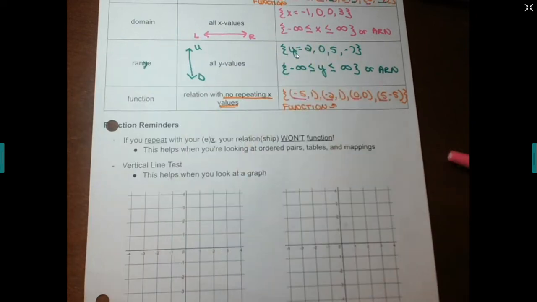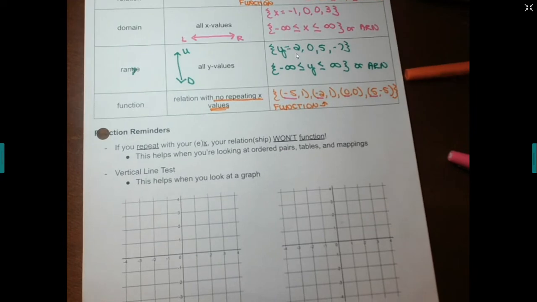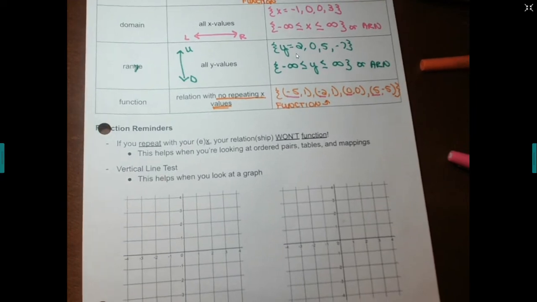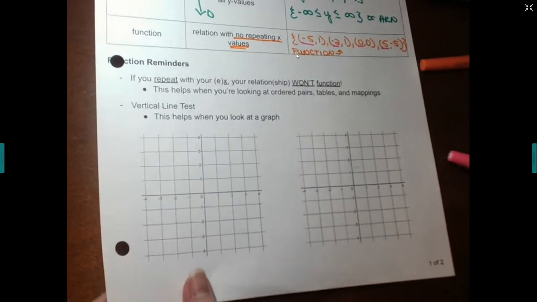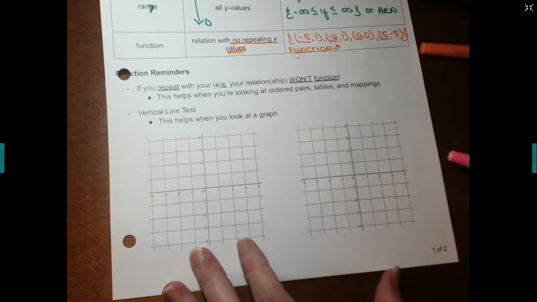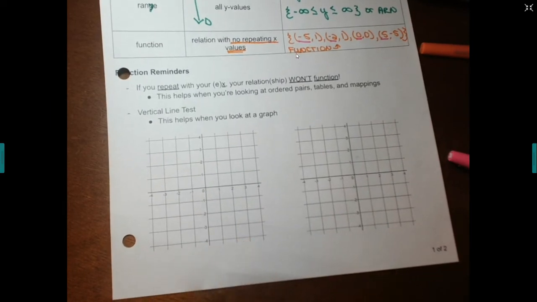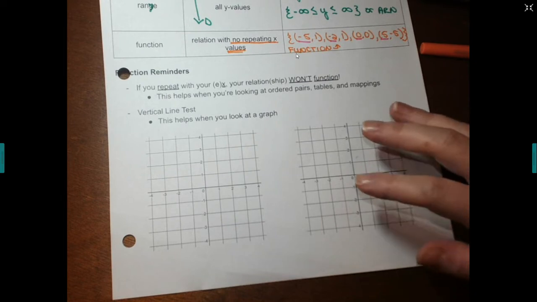Okay. So we have a couple of little tests that we can remember to help identify if things are functions or not. First off, we have the relationship rule. So this is a little bit of one of those things that's a piece of life advice as well as some algebra knowledge. Let's think about if you're in a relationship with somebody.